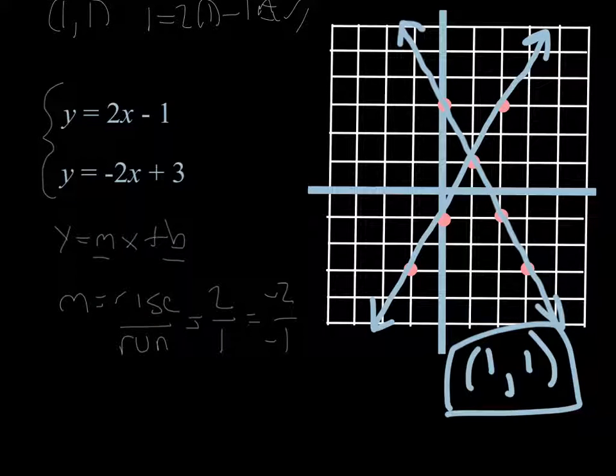Now let's try the second one. 1 for y, negative 2 times 1 for x, plus 3. I'm plugging in this x and this y to this equation. You'll see that this works out to be negative 2 plus 3, which does give you a 1, so that double checks as well. So that means that this truly is the solution to my system of equations.